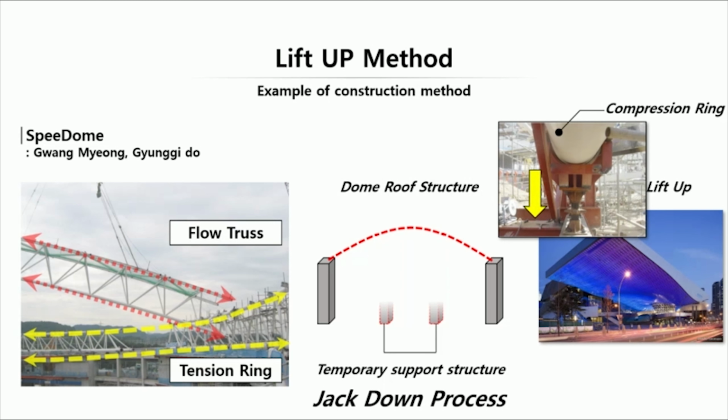Since the completed loop is supported by the support tower, the entire loop is jacked down using a hydraulic jack until the loop can stand on its own. After the loop is self-reliant, the loop installation work is completed by dismantling the support tower.